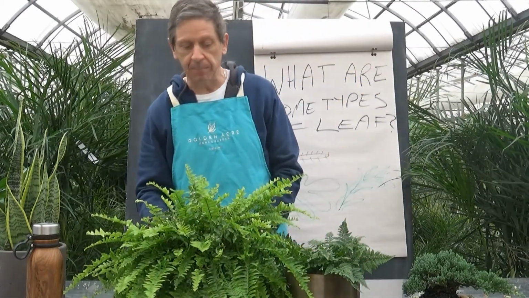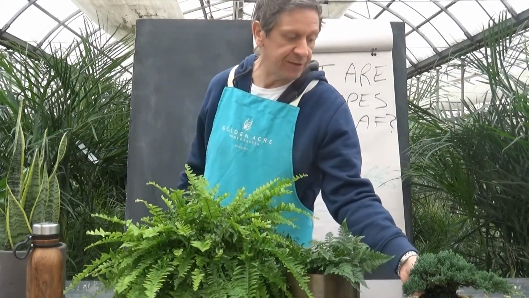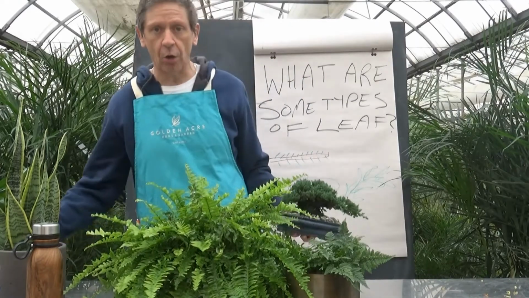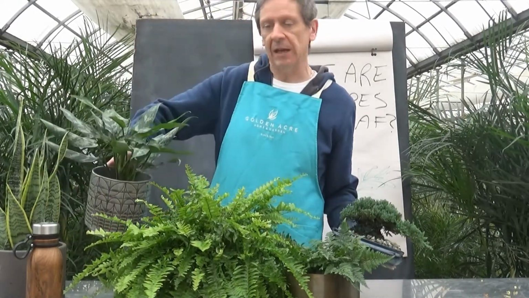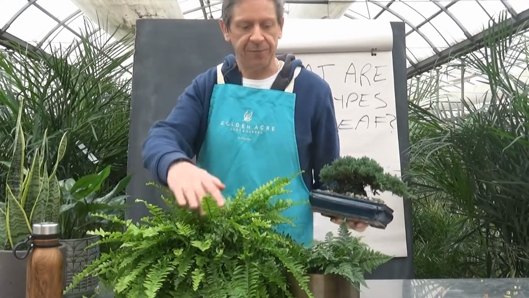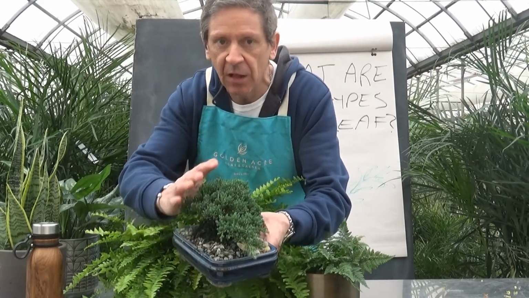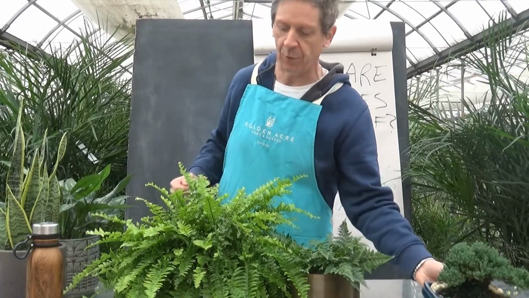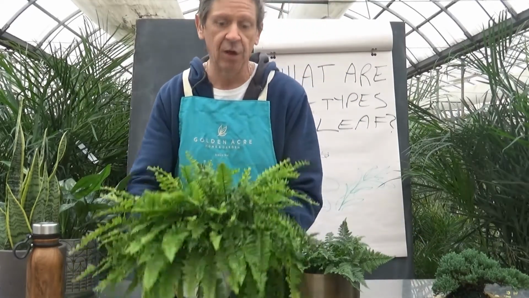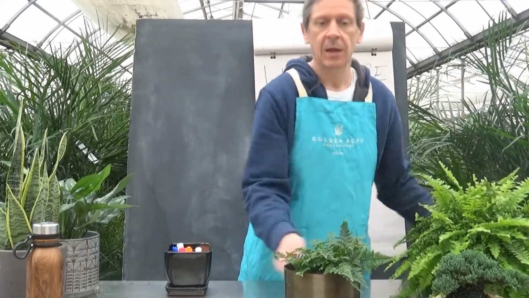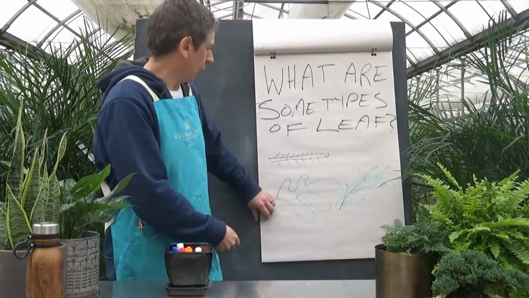So those are your three basic types of leaves, but the interesting thing is regardless if it's a big broadleaf like this, if it's a frond, or if it's one of our tiny, tiny, sharp little needles, they all do the same purpose for the plant. And that is to create energy and to breathe.